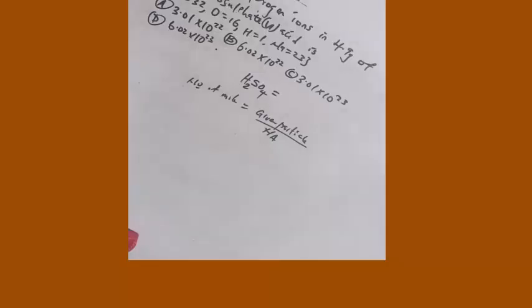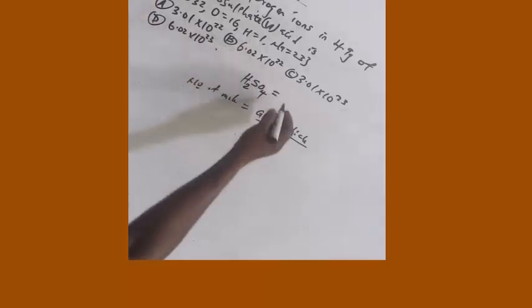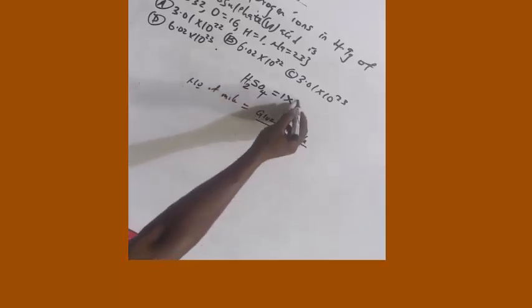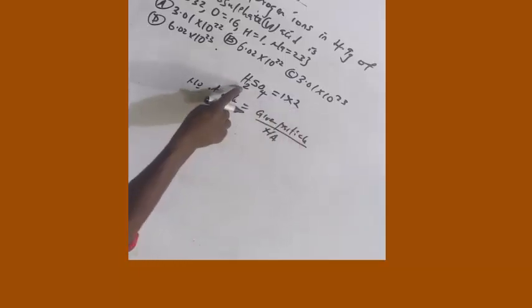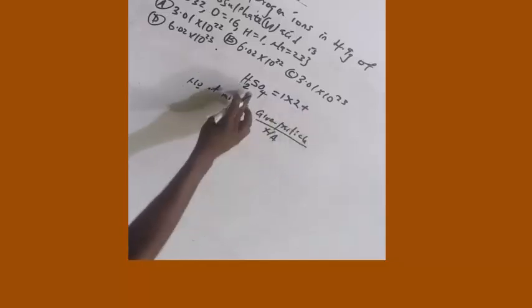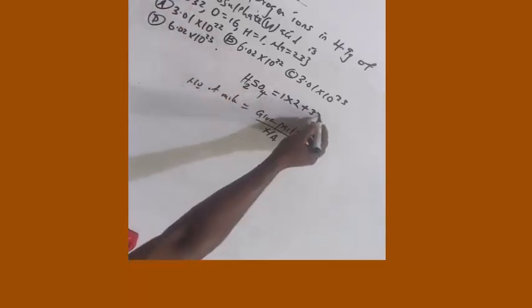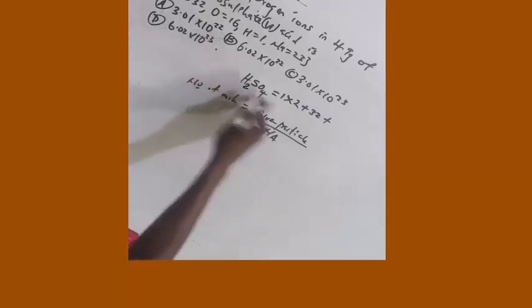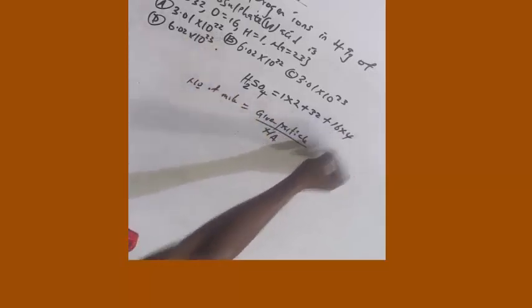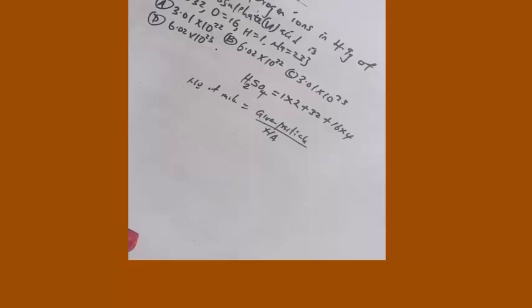And what's the molar mass of tetraoxosulfate 6 acid? Hydrogen is 1, so the sum of the atomic masses is 1 times 2 plus sulfur is 32, plus oxygen is 16 times 4. So what do you have now? Total of it is what?